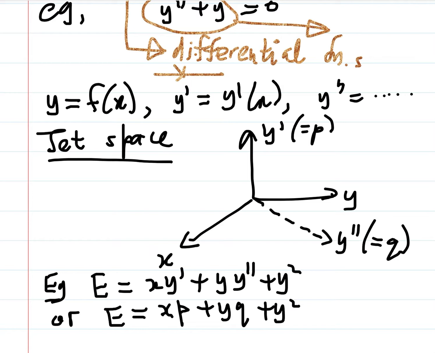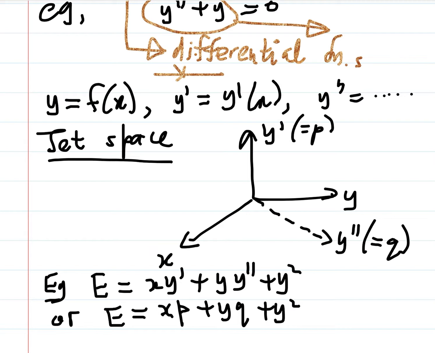So the thing here to keep in mind is that on the one hand, y is a function of x, and so too is y dash and y double dash, but we're regarding them also as independent variables in their own right. This system of thought is operating in this space that we call a jet space, and we now have a manifold.